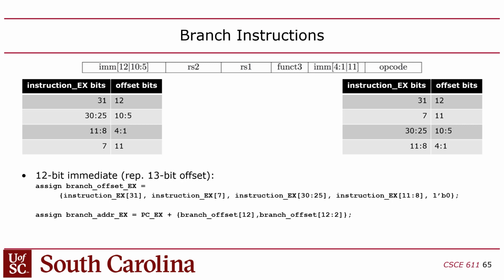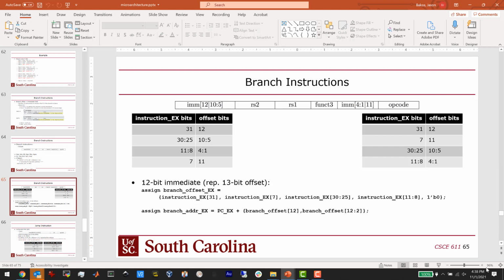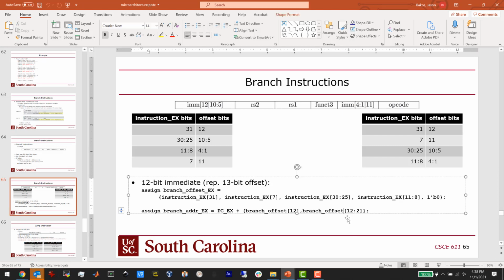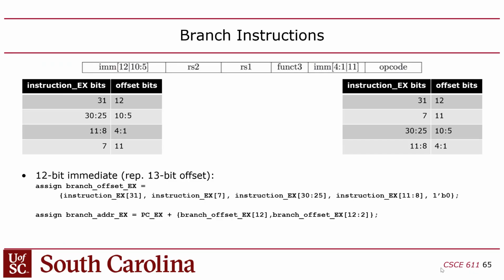I don't know why that should say branch offset EX to be consistent here. Okay, branch offset EX. So this is the byte addressed branch offset, and I shave off bits 1 down to 0, meaning that even though I multiply it effectively by 2 here, I then divide it by 4 here because your PC is word addressed, right?